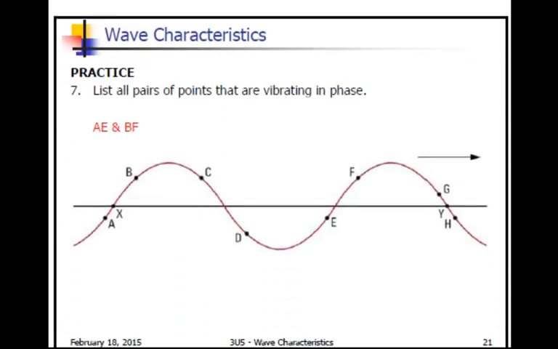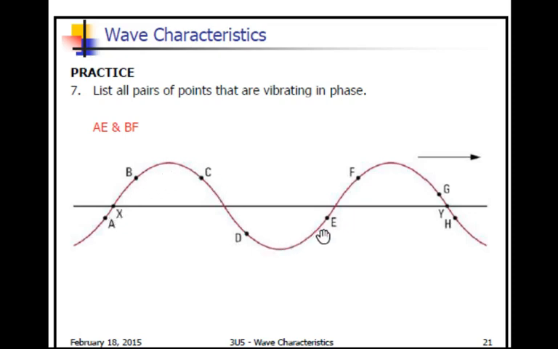List all pairs of points that are vibrating in phase. This is a little bit harder. So we have one wave. Which of these points are vibrating at the same phase? You would have to look at what their location is on the waveform. A is here, so a little bit after A, you hit the equilibrium point going up.